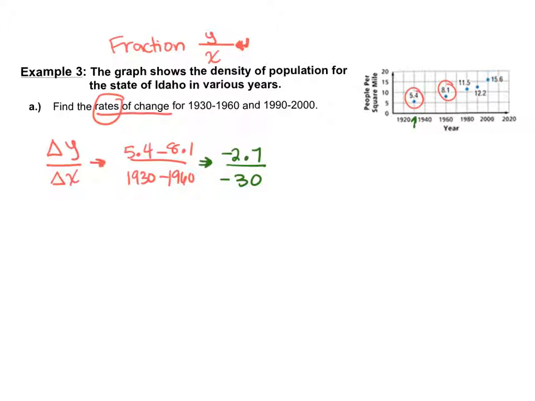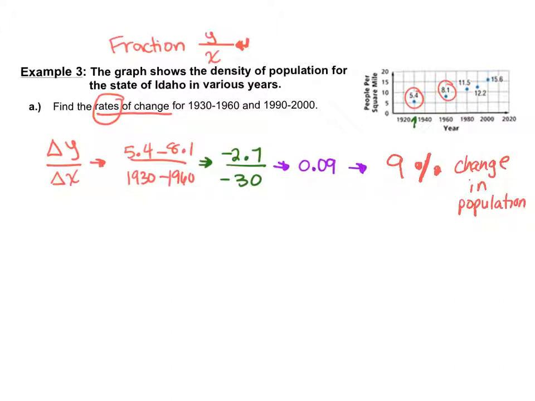So once we do our division, and you can use your calculator for this, you get the value of 0.09. This here is a 9% change. That's a percent symbol. 9% change in population.